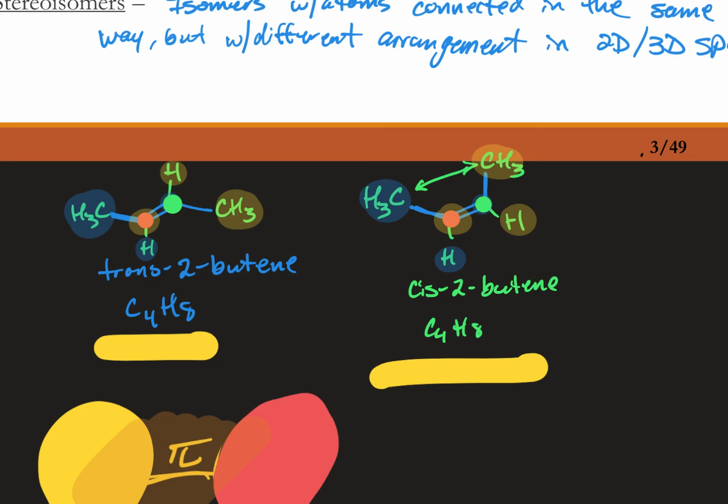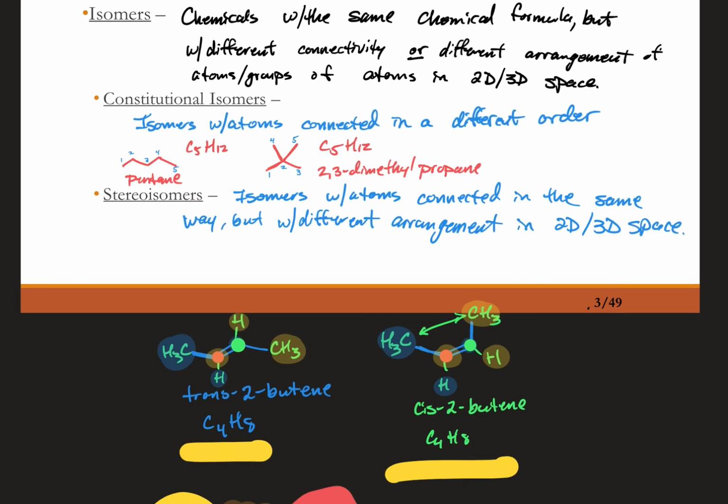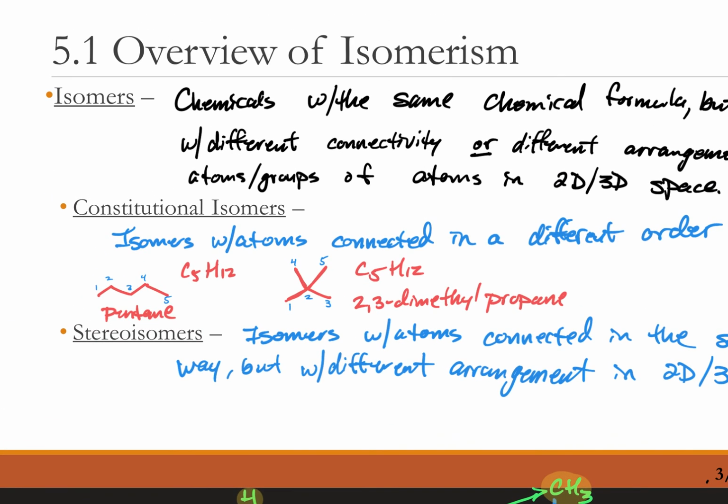Then the rotation has to occur, and then they would have to align in the different form, and then the double bond would have to reform itself in order to switch between the two. In the same way, constitutional isomers can't just be transferred from one to another.